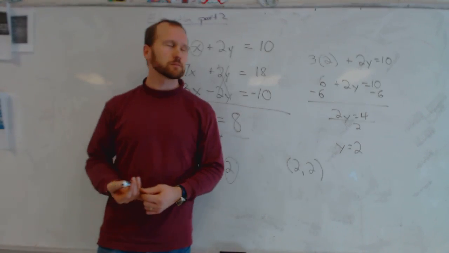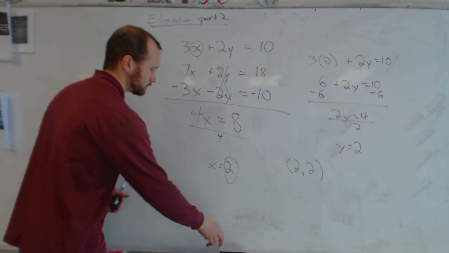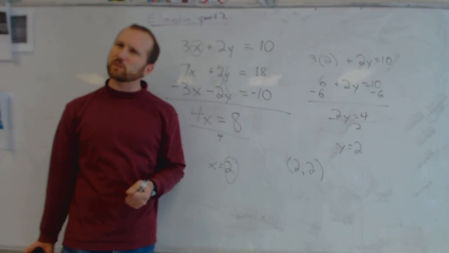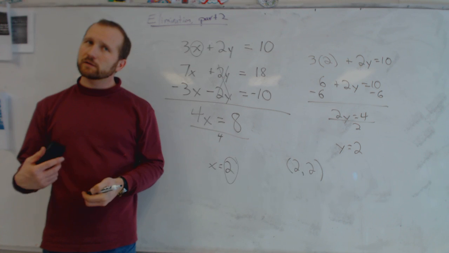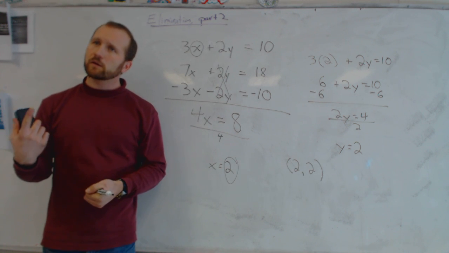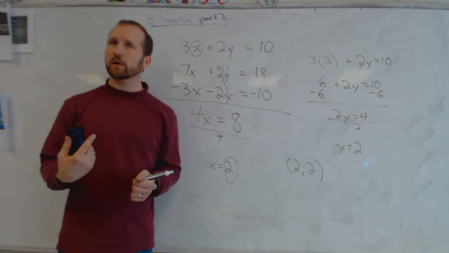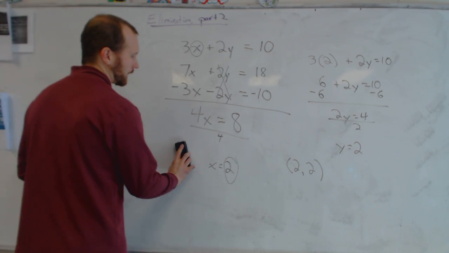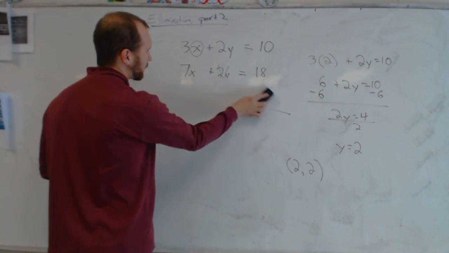So really the only difference from what we've been doing is multiplying by negative 1, and that's the very first step. That will be the only difference from the last one. Let's do one more problem.